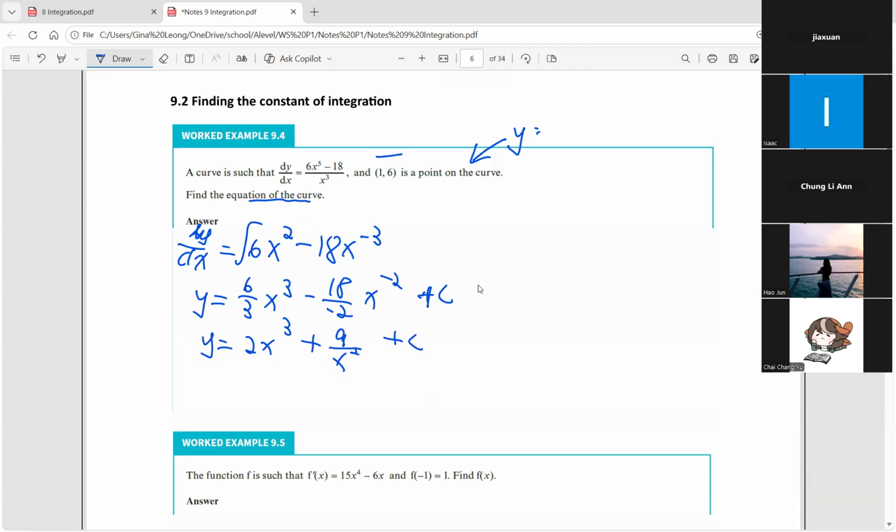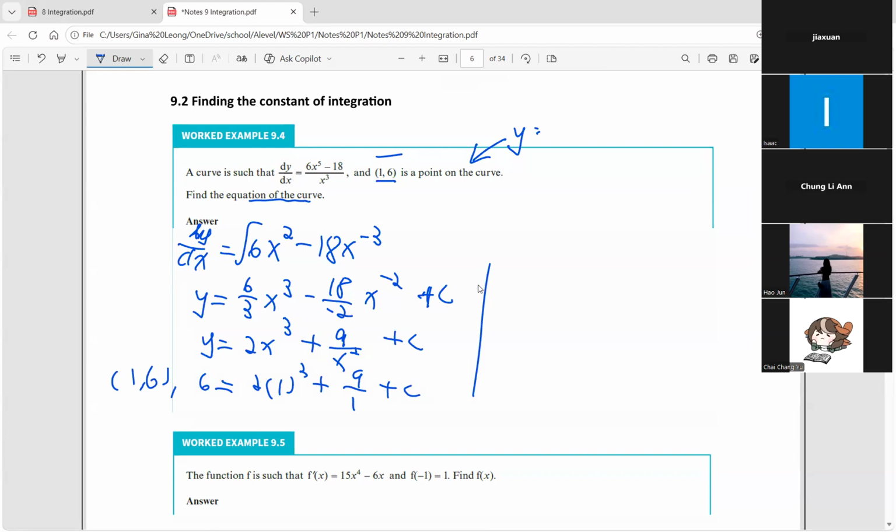This is not my final answer yet because I don't know the c. So what I have to do is replace x as 1 and y as 6 in this equation. So 2 times 1 cubed plus 9 over 1 plus c.